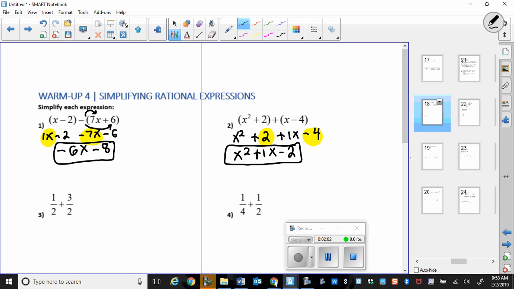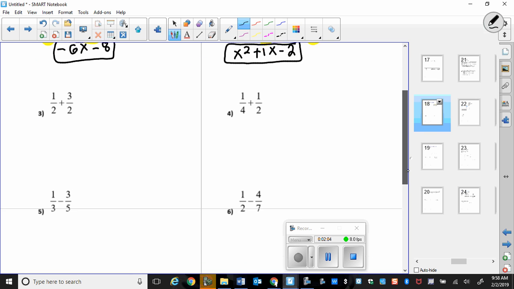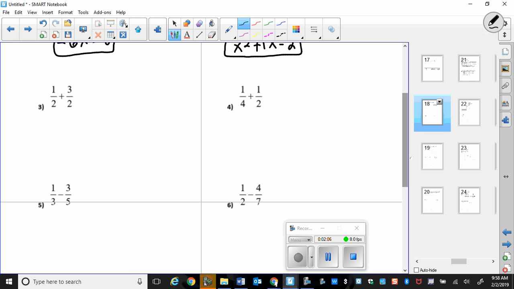Okay? Now, when we're adding rationals or fractions, we want to make sure the denominator is the same, and they are. So all I have to do is write 1 plus 3, combine denominators, and this equals 4 over 2, which simplifies to 2. Here's my final answer.